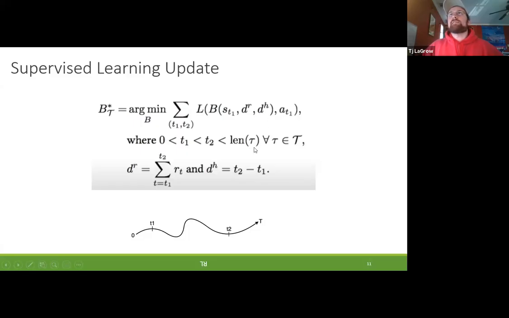This is then given by the length of the trajectories. Here is a cartoon of what the trajectory might be from any given time step, where the desired reward is snipped by the desired horizon.